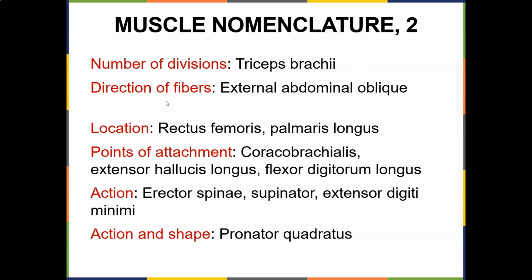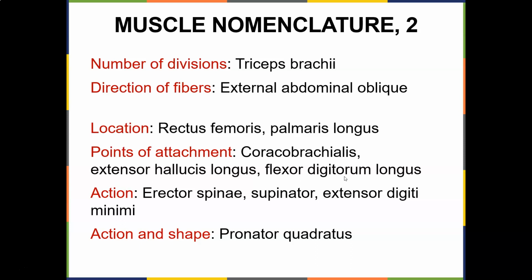The direction of the fibers, external abdominal oblique. Location, rectus femoris, palmaris longus. Okay, so femoris meaning femur, rectus meaning straight, so a muscle that's straight on the femur, palmaris longus. Points of attachment, they're named, so coraco from the coracoid process, brachialis, okay, to the arm. Extensor hallucis longus, so it extends the big toe and it's long.